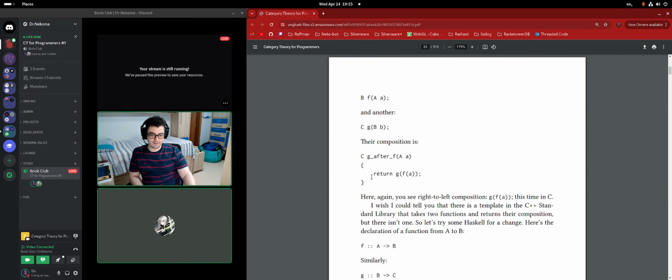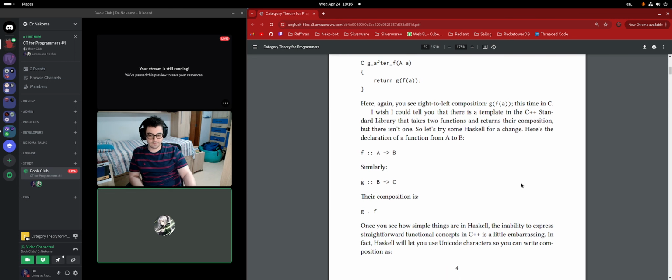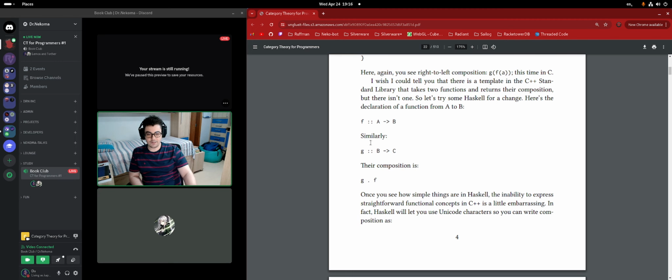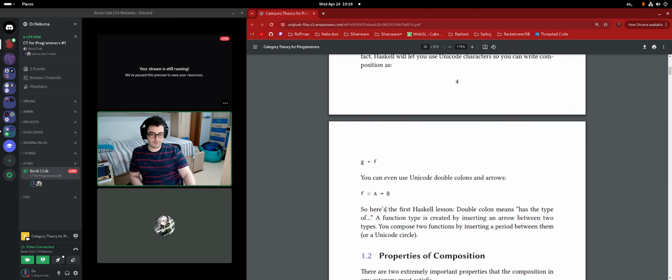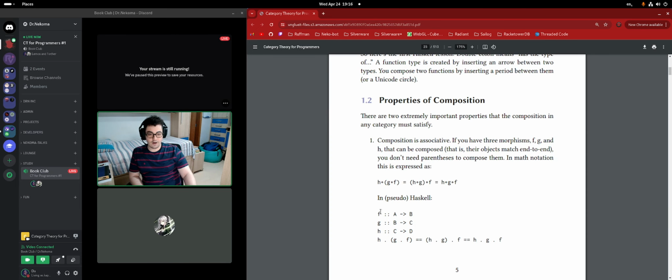It's just that some of them are right to left and others are left to right, but the meaning is the same. So this is Haskell notation, which is very similar to this notation, but you can do it in other languages as well.